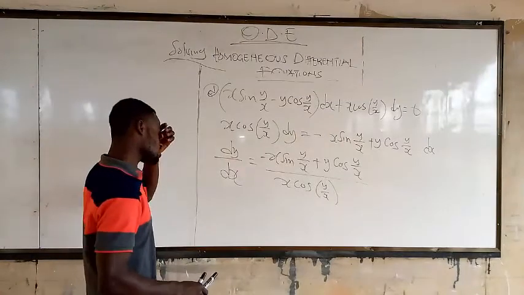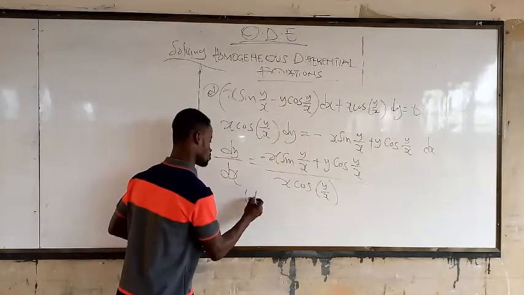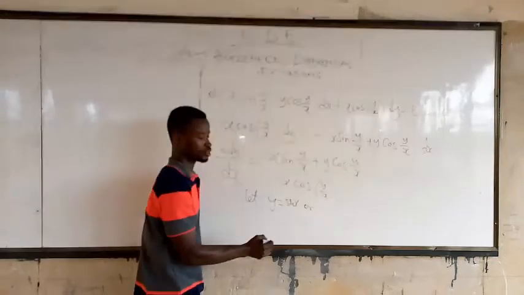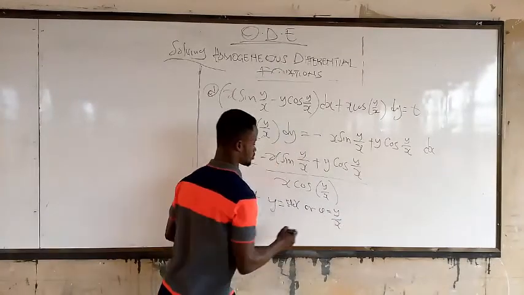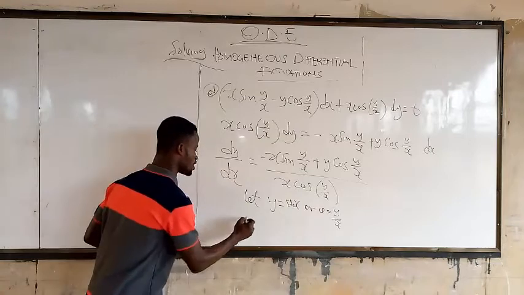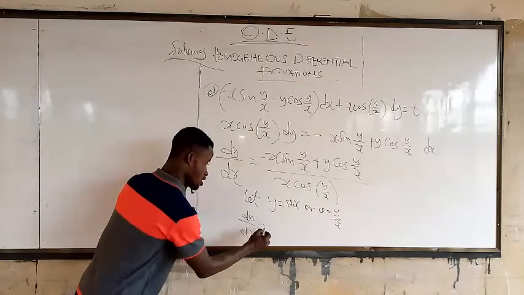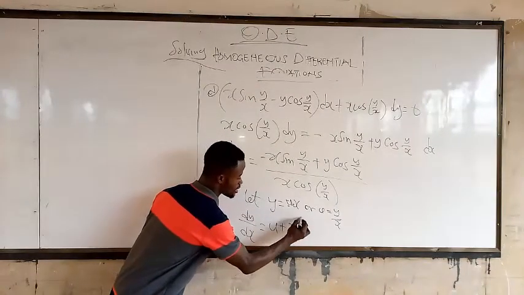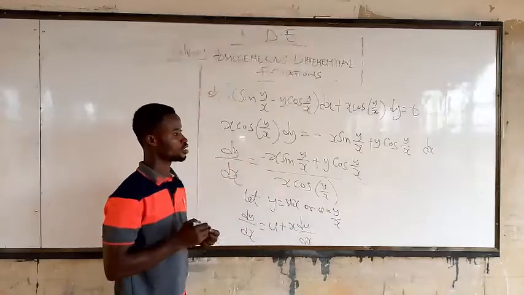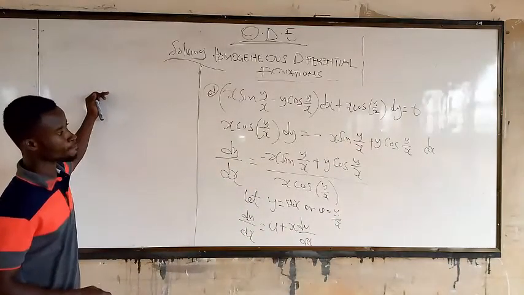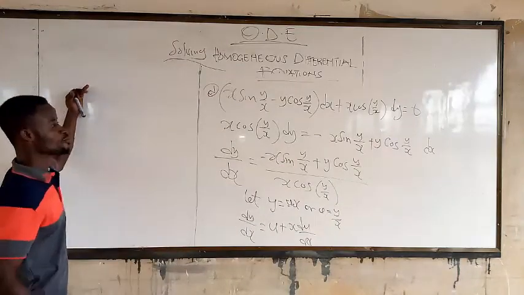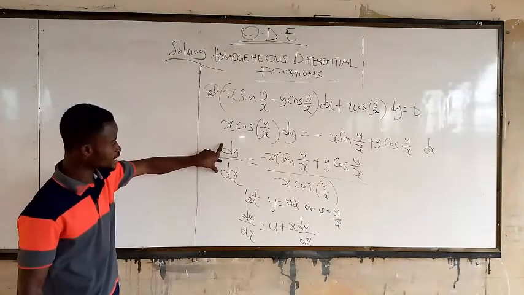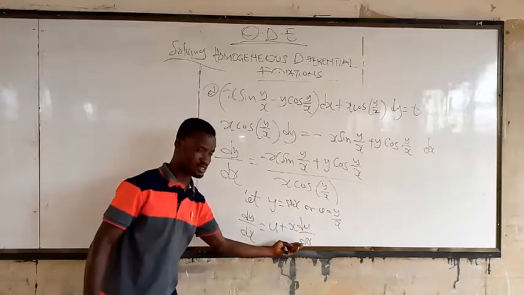Good. So let's continue. With this, we let y to be equal to what? ux, or u is equal to y over x. Then the next step is that we differentiate dy/dx, and that is going to give you u plus x du/dx. So now, wherever you see dy/dx here, replace that by this.